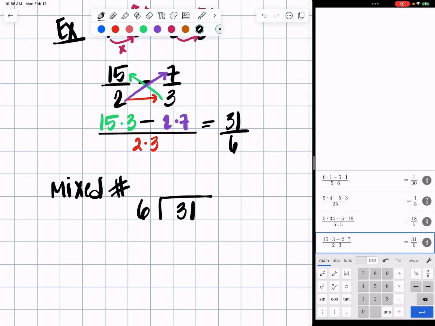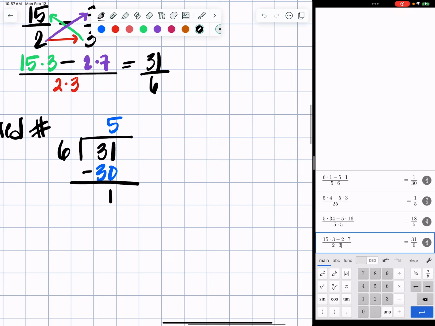I know 6 times 5 is 30. 31 minus 30 is 1. So the 5 becomes my whole number. The remainder down here, my leftovers, become the numerator. And that 6 is the denominator.